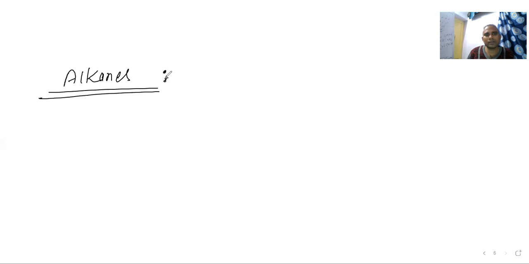Okay, now let us try to know the IUPAC nomenclature of this type of compound. If I am writing the name of alkane, first of all you see the general formula.